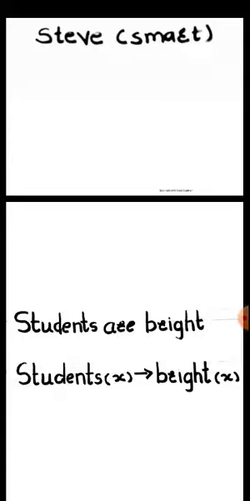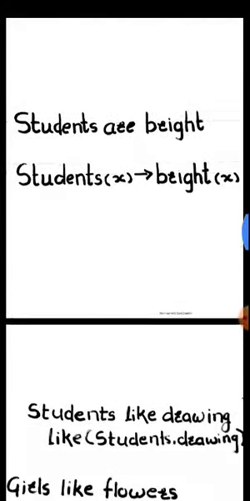Now let's move to some different kinds of sentences. Here we have two sentences, and we'll make the predicate of these two sentences. What is the first sentence we have? Student like drawing. In this statement we'll make the predicate of like and write student comma drawing in bracket.